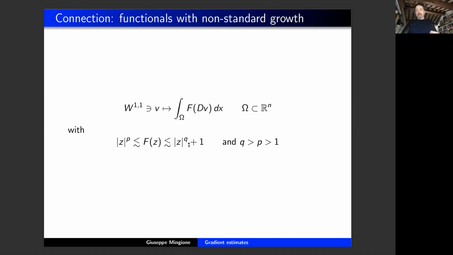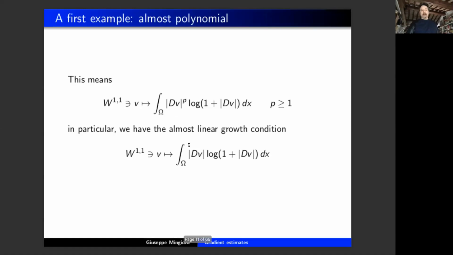So there is this ambiguity. Typically, such functionals exhibit some features of non-uniform ellipticity. Examples of these functionals are, for instance, slight perturbations of functionals with p growth, or functionals with almost linear growth conditions. So this is still a functional that is superlinear, but almost linear.